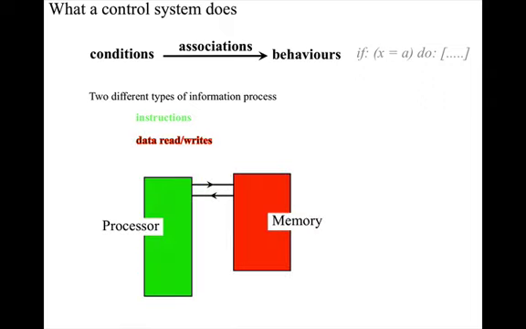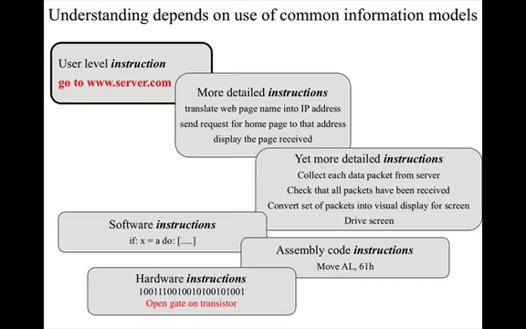And in electronic systems, there's actually a major separation between physical structures specializing in instructions and structures specializing in data reads and writes. These two information models, instructions and data read-writes, are the foundation for full understanding of computer systems.